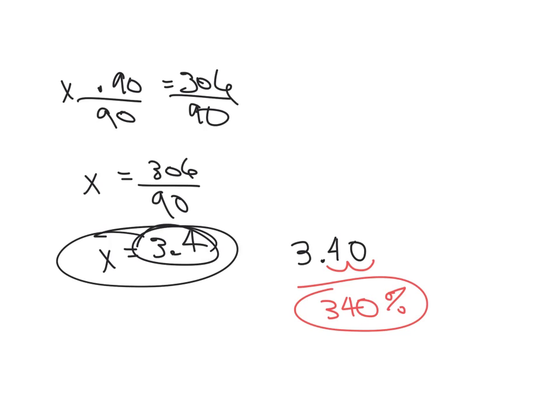So probably the tricky one is practice problem D, where it says if 20 is increased by 90%. So we're at 20 and we're increasing it by 90%. So it took 100% to get to 20, and then we're going to go another 90%.